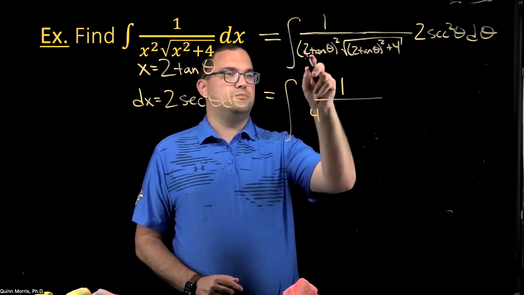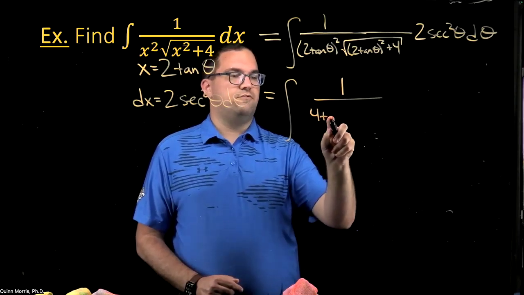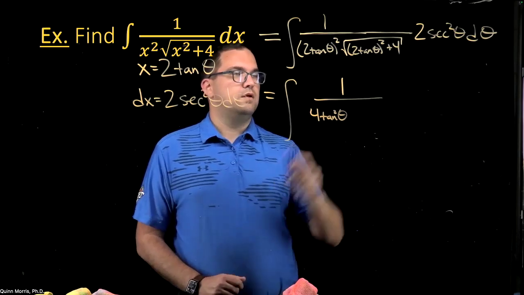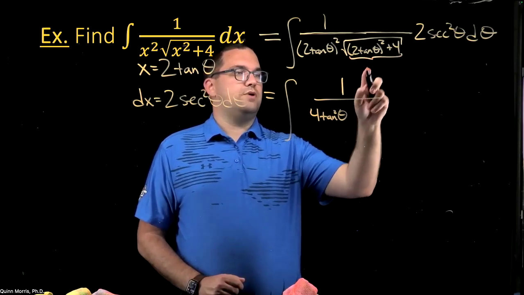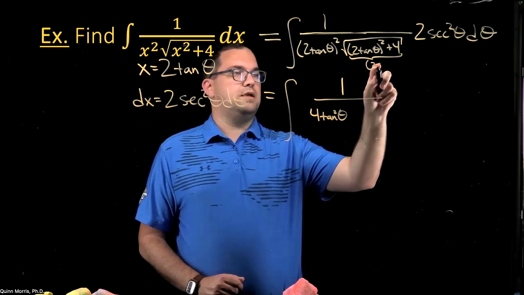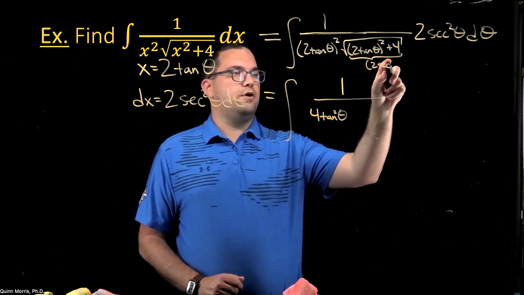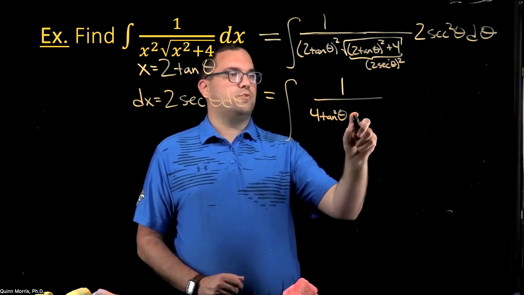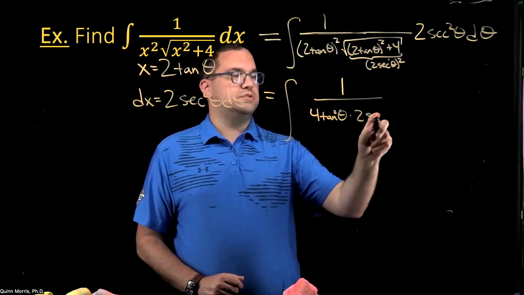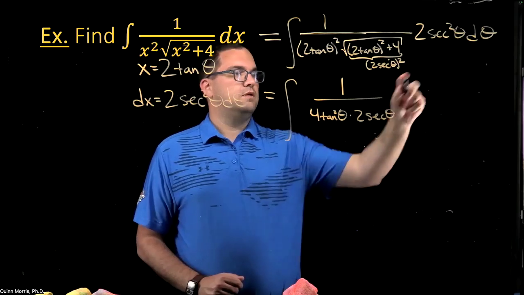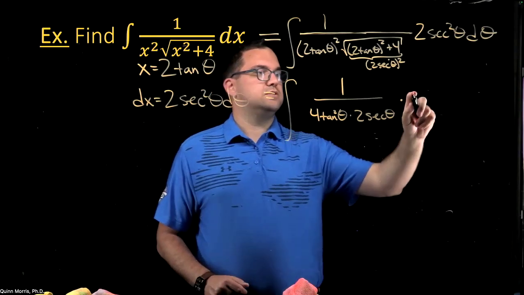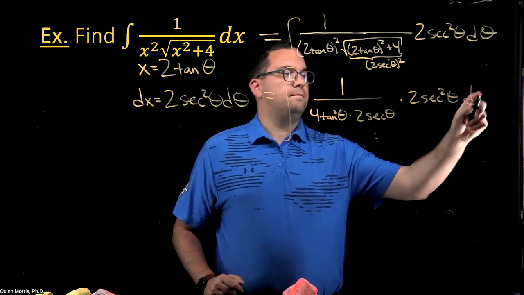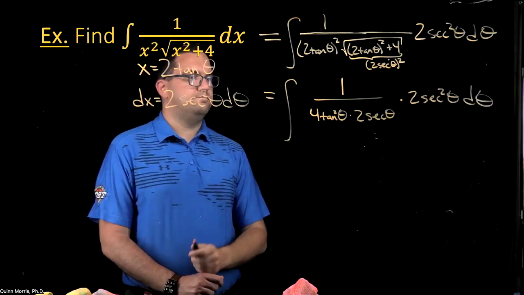So 2 tangent theta squared is going to become 4 tangent squared theta. Now remember that this under here was chosen because this ends up being 2 secant theta squared. So when we take a square root from that, we get 2 secant theta. And then we have that times 2 secant squared theta d theta.